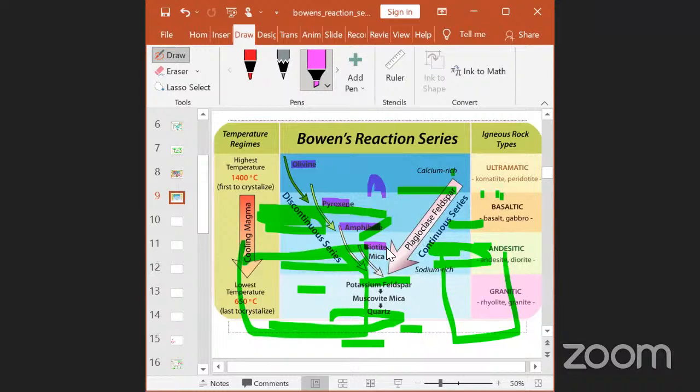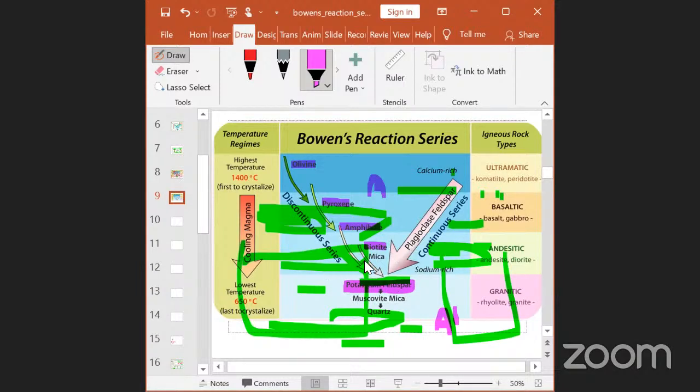However, sometimes the magma has not finished cooling down and there is still plenty of liquid left, right? This liquid that is left has aluminum in it, so it can make K feldspar, which means potassium feldspar, right?